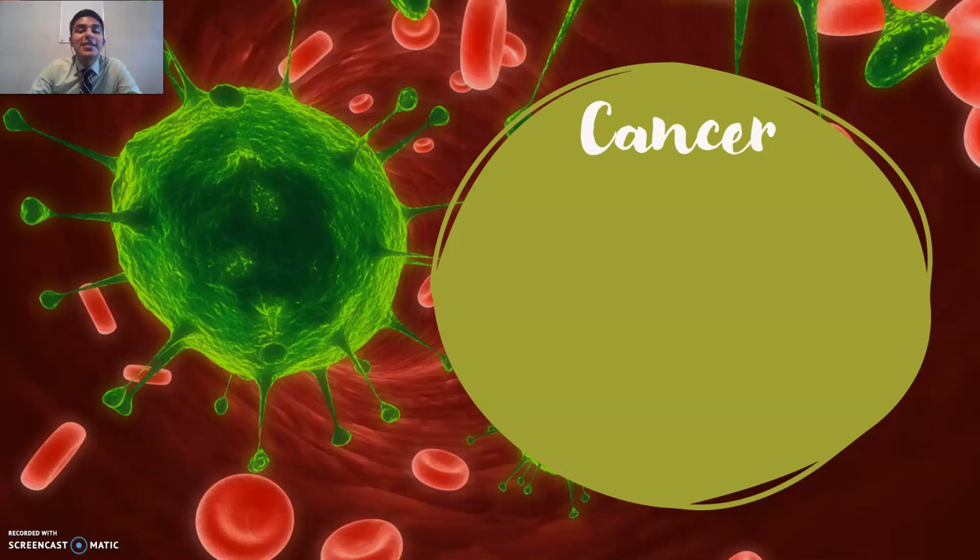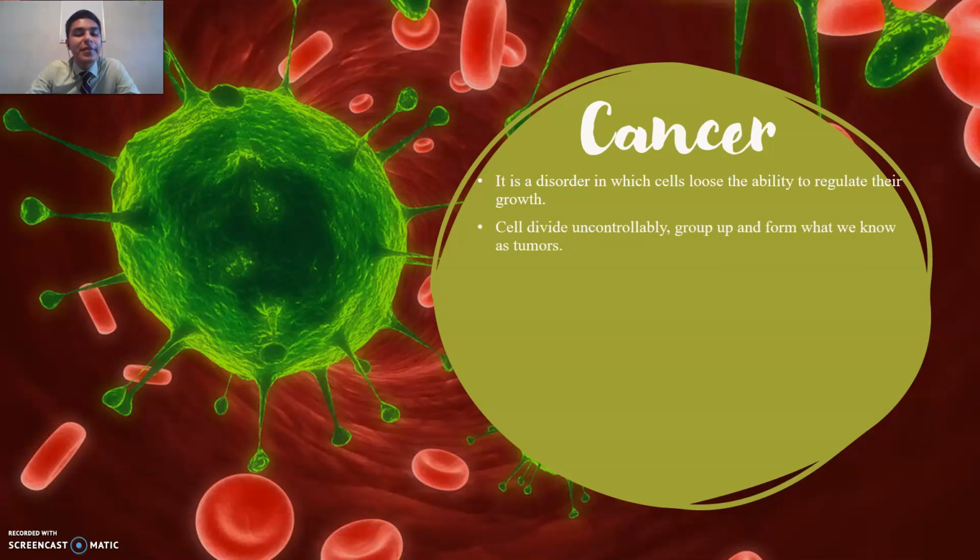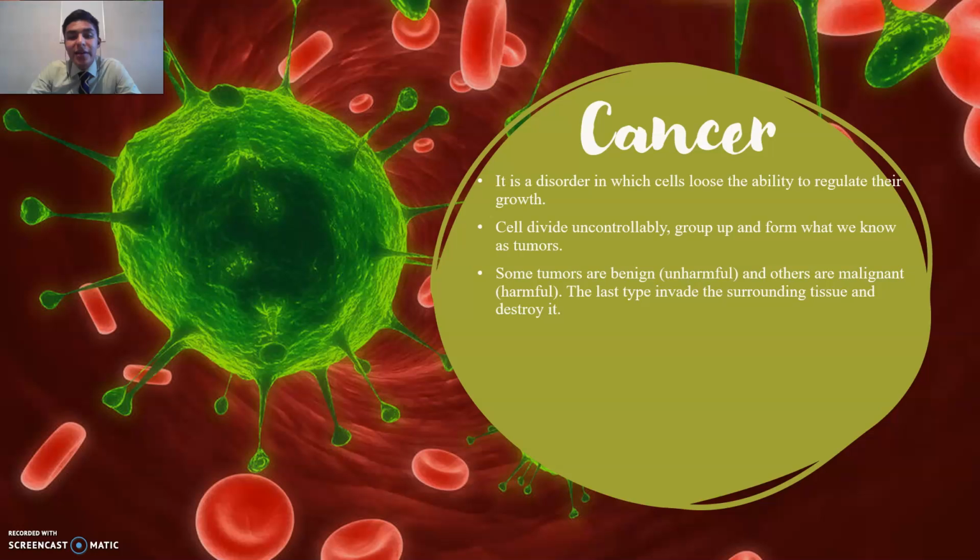All right, and lastly, we're going to talk about cancer. It is a disorder in which cells lose the ability to regulate their growth. Cells divide uncontrollably, group up, and form what we know as tumors. Some tumors are benign, which means that they are unharmful, and others are malignant, which means that they are harmful.